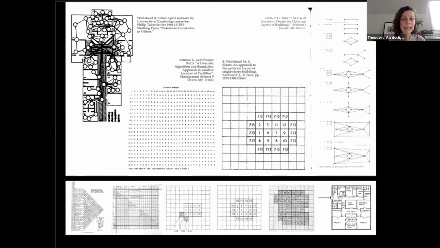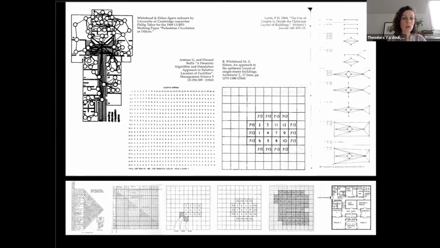Building scientists in the United States and the UK had developed computer programs as early as the 1960s that, given a repetitive pattern of activities in space, configured rooms or equipment so as to minimize the time spent walking between the points in space in which these activities were performed.